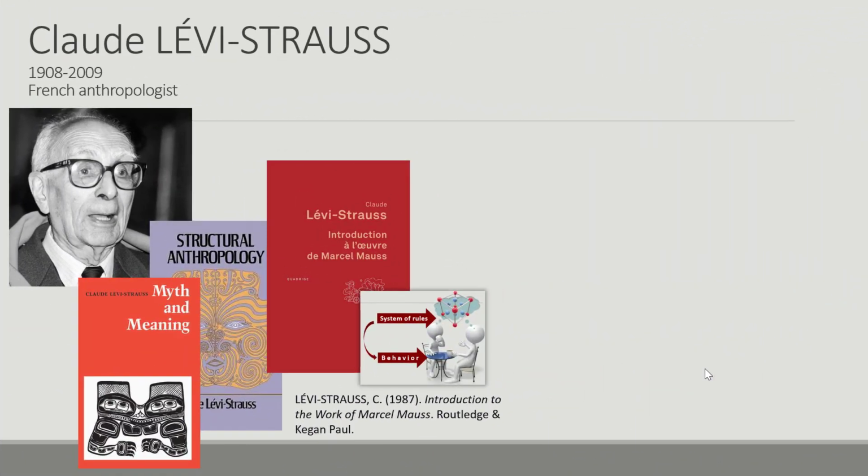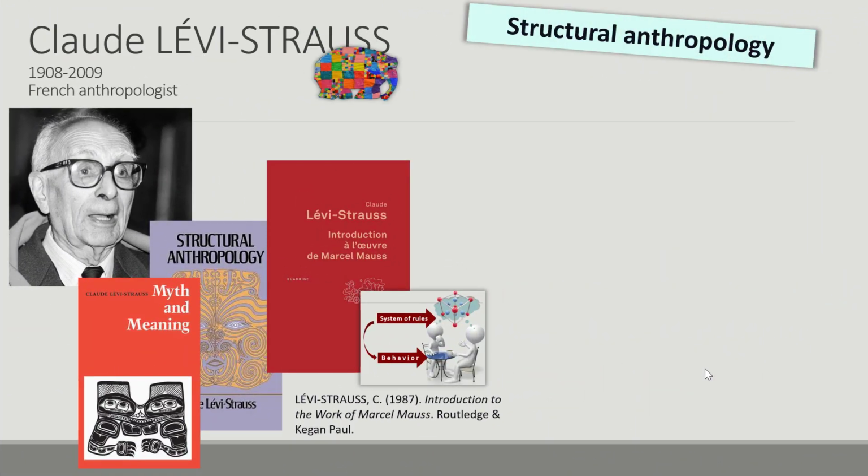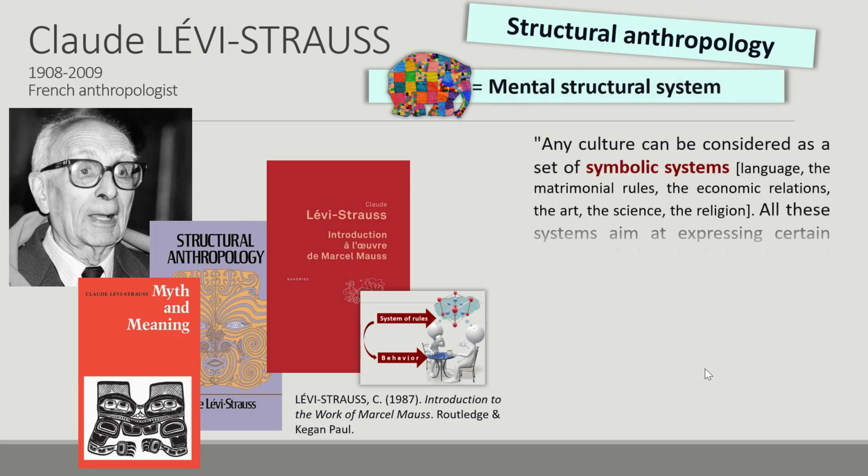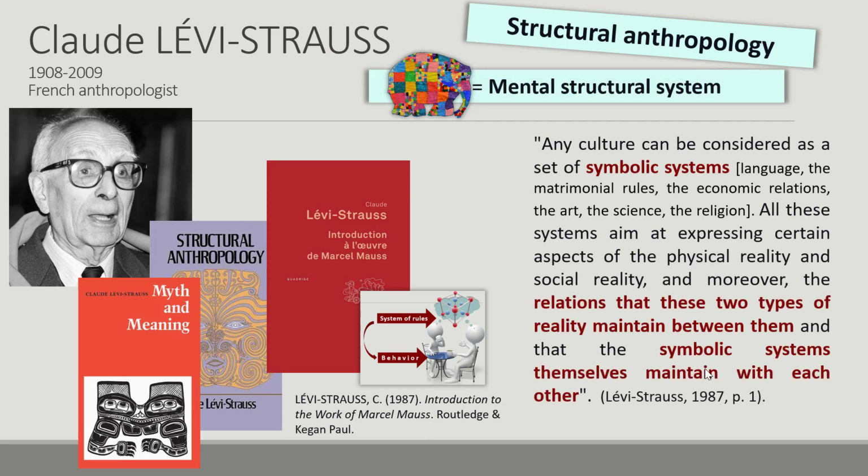In a similar vein, French anthropologist Claude Lévi-Strauss, the founder of structural anthropology, viewed culture as a mental structural system. Any culture can be considered as a set of symbolic systems, in the first rank of which are placed language, matrimonial rules, economic relations, art, science, and religion.